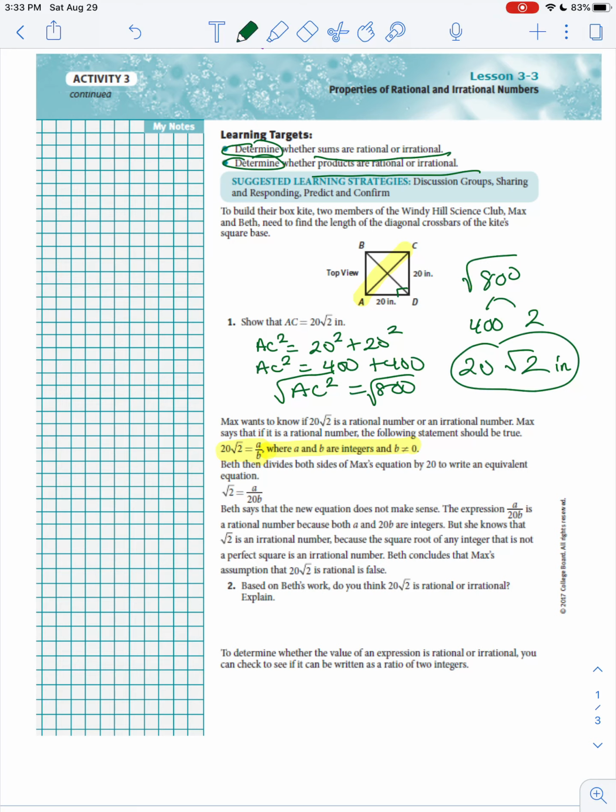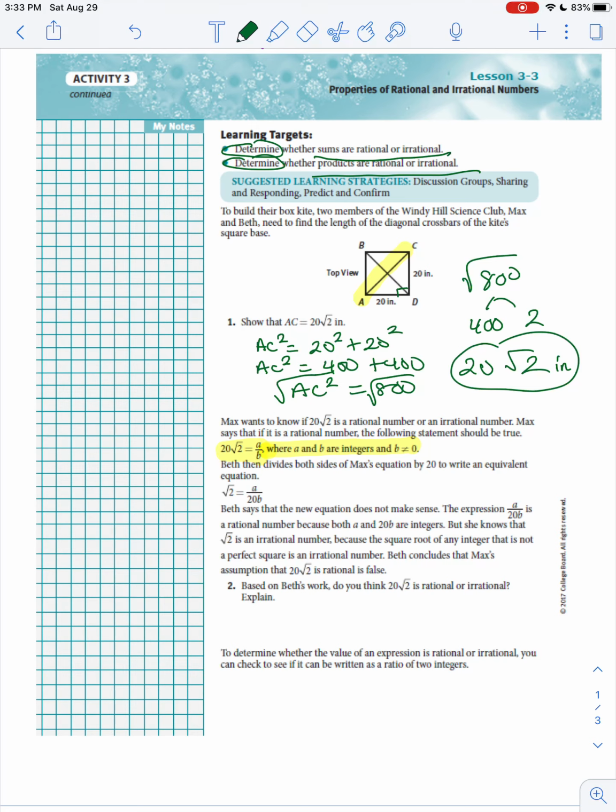Then Beth says, let's divide both sides of Max's equation by 20 and write an equivalent equation. 20 root 2 divided by 20 is just root 2, and a over b divided by 20 is a over 20b. Beth says the new equation does not make sense.